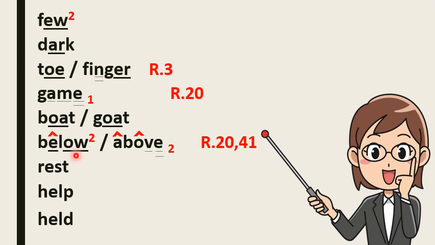Here we have the phonogram OW. OW has two sounds. Ow, O, like cow, and low. So this will be the second sound, of course. We're going to underline first, and then we will put two above it. Above.